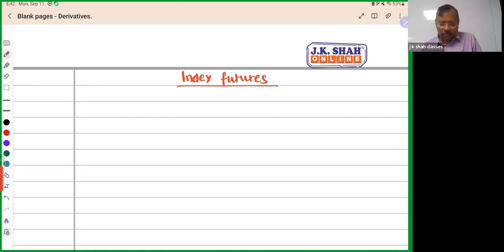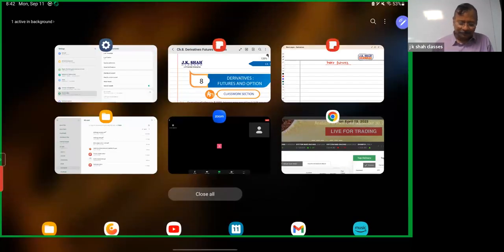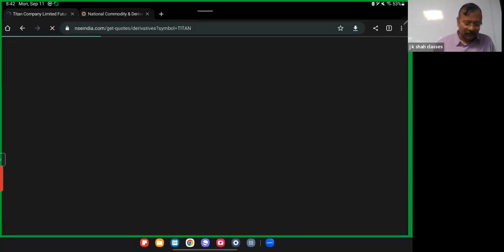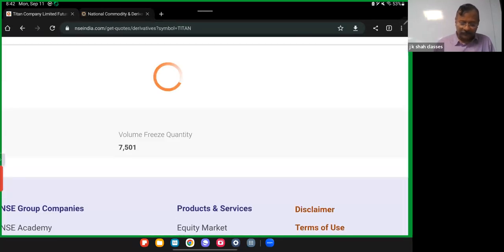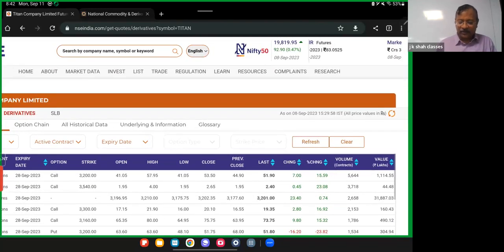Okay. So as of today, Nifty is 19819. You can see it right at the top. 19819. That's Nifty. So what does this number tell you? Market cap.